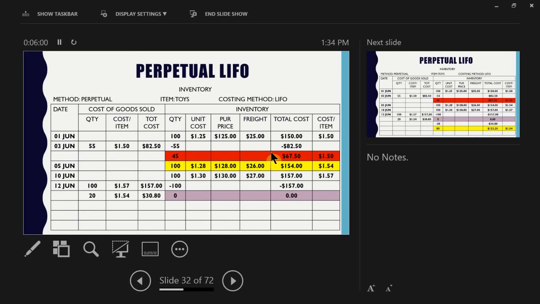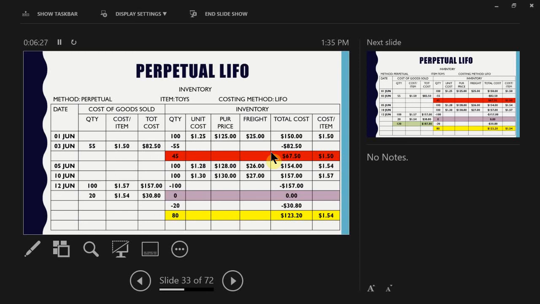So $1.54 should get you a grand total of $30.80 to sell, so the 20 items cost me that much. What I'm going to do is subtract out those 20 items, and now my yellow batch becomes 80 items, costing me $123.20, still at $1.54.